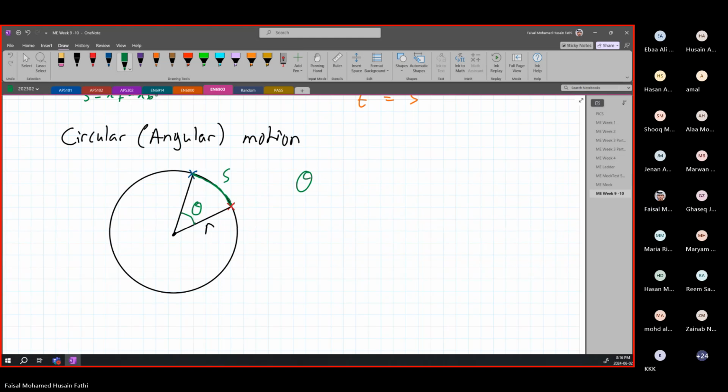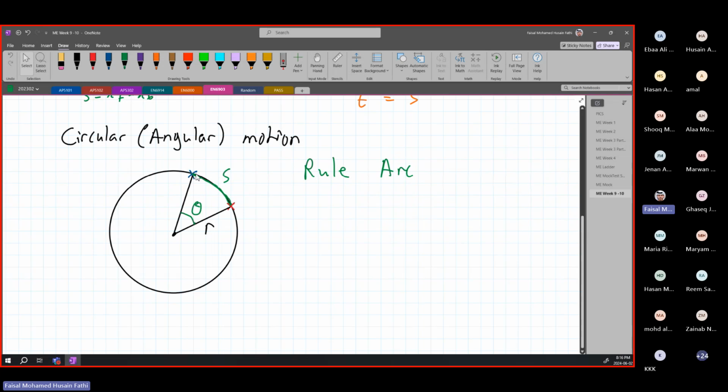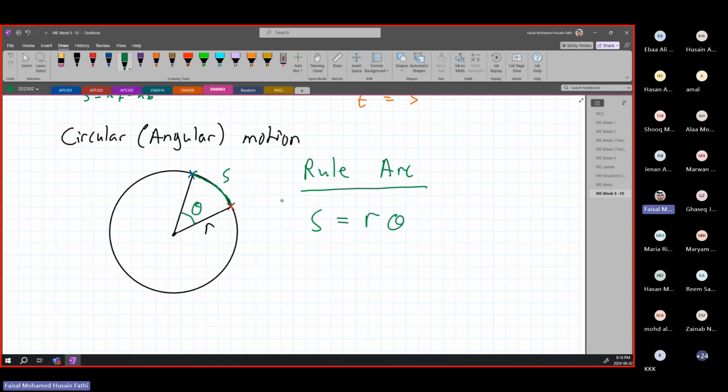Theta here is going to be equal to s over r, or a better way to explain it is, this is the rule of an arc. For any circle, the arc between these two points, the rule of an arc is s is going to be equal to r theta. You are just multiplying your r by the angle that you are covering.